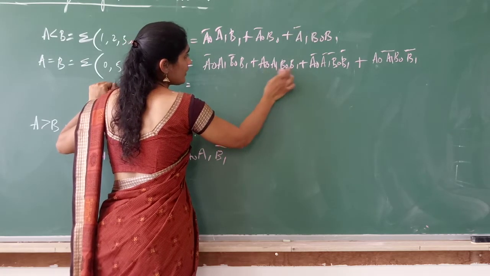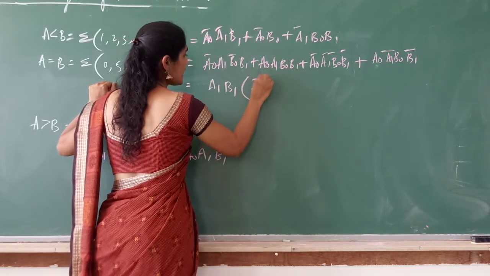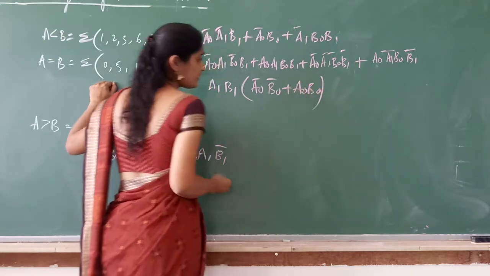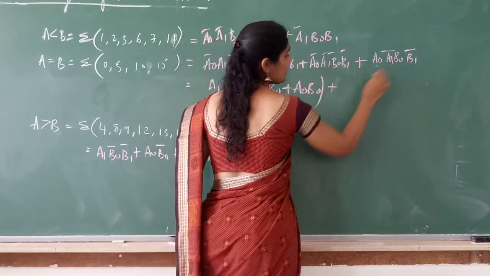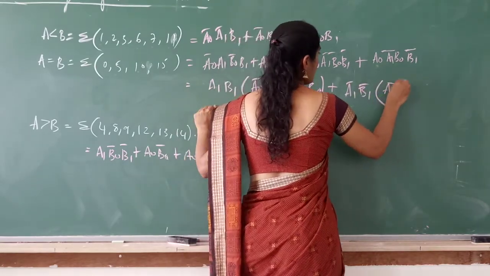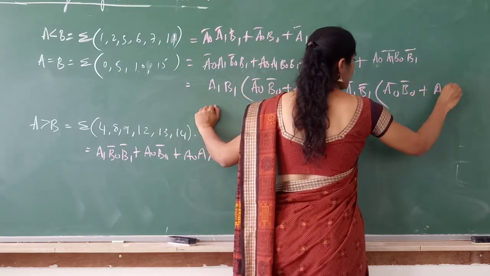So I take A1 B1 outside, and I will be left with A0 B0 bar plus A0 B0. Same way, if I take A1 bar B1 bar common, I get A0 bar B0 bar plus A0 B0.